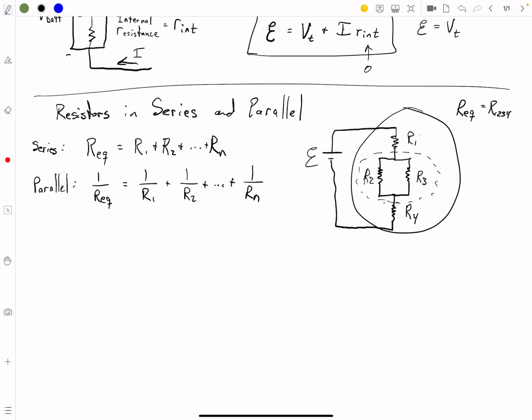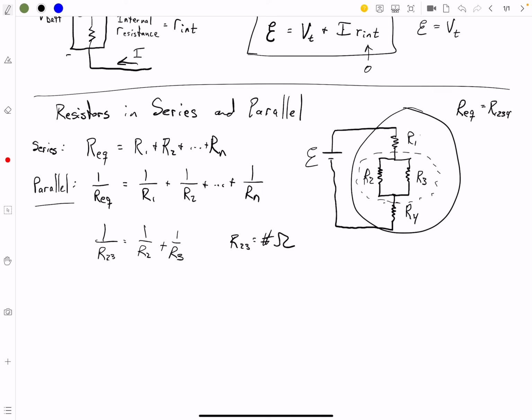Why? Because they're the only two that are in parallel with each other. And parallel is a little bit harder to figure out. It's more complicated. So we're going to do 1 over R23 is equal to 1 over R2 plus 1 over R3. So we figure out what 1 over R23 is. I'm not going to do it. It's a number. R23 is equal to some number in ohms. Okay? So we've got R23.